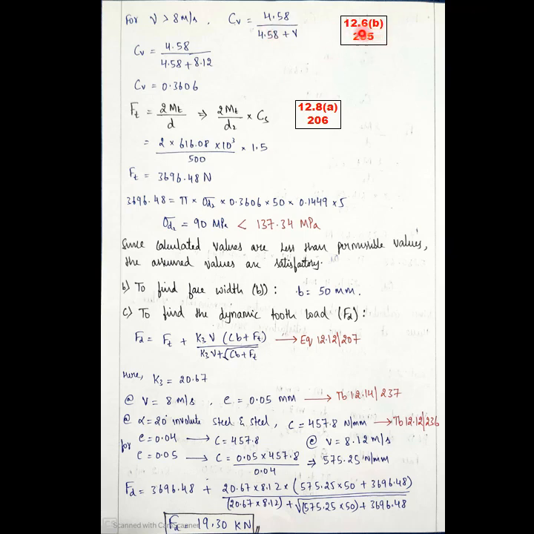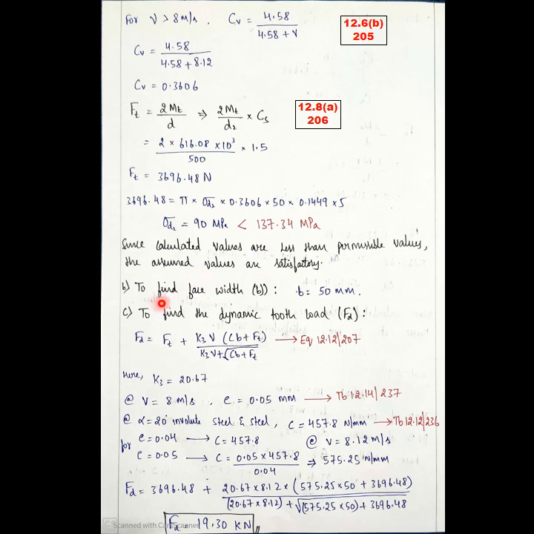Similarly, from page number 206, that is 12.8 a, we will get the tangential tooth load Ft. If you substitute all the values again in the formula, now you get 90 megapascal. So now this is less than the allowable stress, hence the design is safe. All the values we assumed are satisfactory.